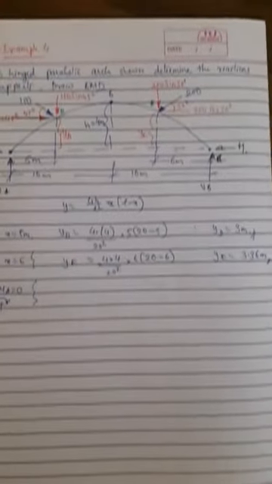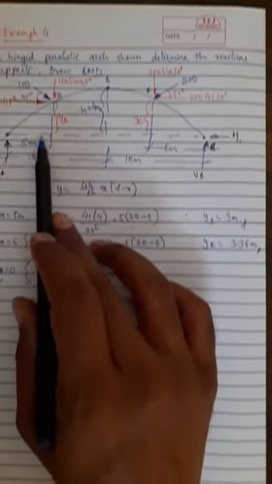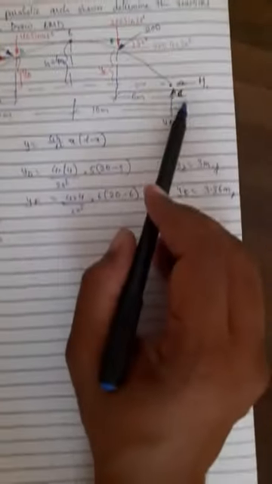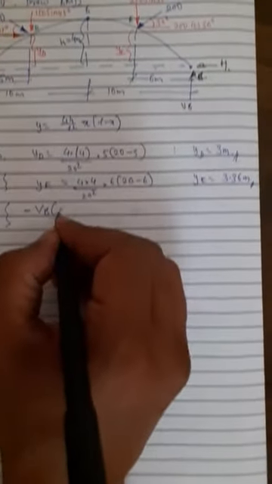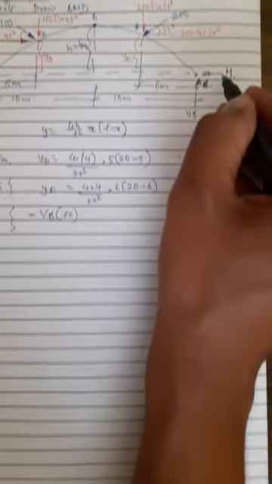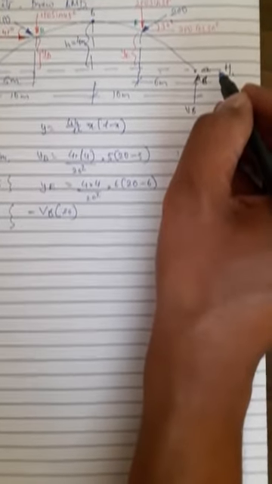Let me start from B and come towards A. The first force is VB. Sign for VB will be minus, VB into its perpendicular distance from A, which is 20. H does not come into the picture.